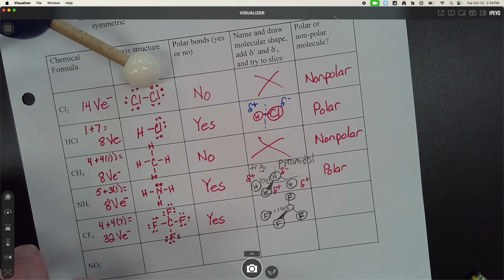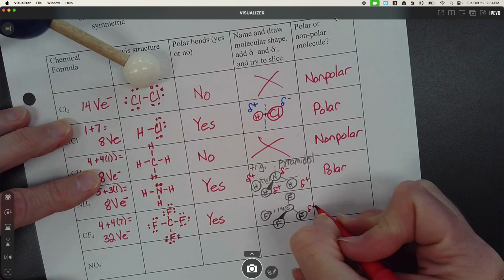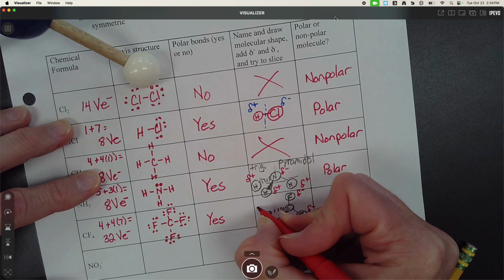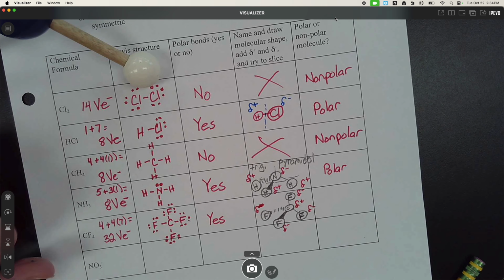The fluorine is more electronegative than the carbon, so the electron cloud in this molecule in every case is shifted toward the fluorine and away from the carbon, leaving the carbon with a partial positive charge. Carbon is black, and we'll use the purple ones to be the fluorine this time. And I don't care which size bonds you use for this. I'm going to use 4 little ones.